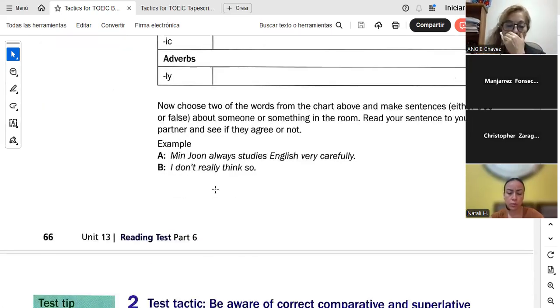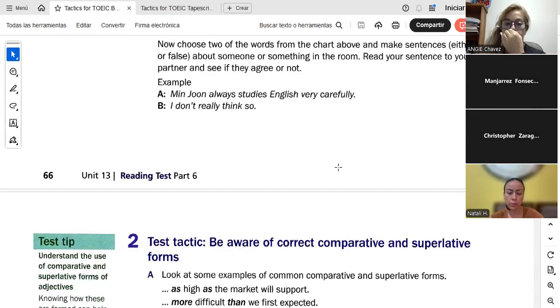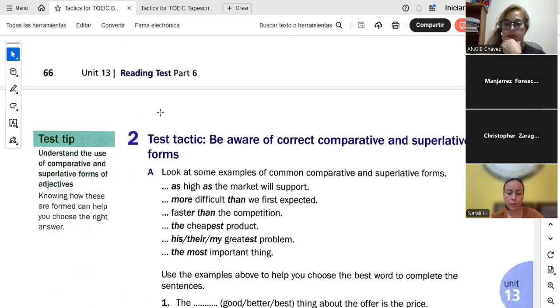If you are thinking, continue thinking and writing it there. So be aware of correct comparative and superlative forms as well, right? One way is, of course, word building that we have already checked with certain suffixes and even prefixes, right? The class is helpful to improve my speaking skills.